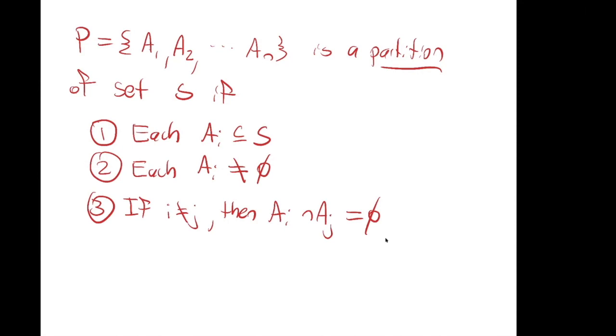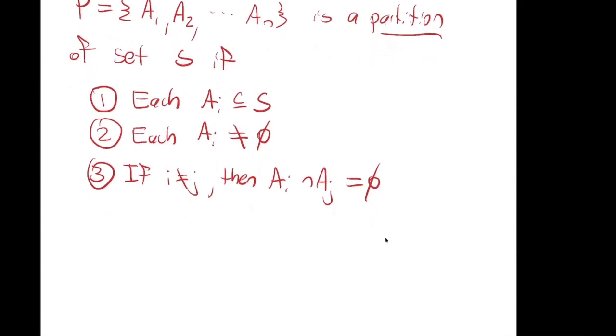Another condition is that the intersection of two distinct subsets in the partition should not contain the same element, so it should be empty. And the fourth one is if I take A1 union A2 union A3 all the way up to the nth one, we should get back the set S that we started with.